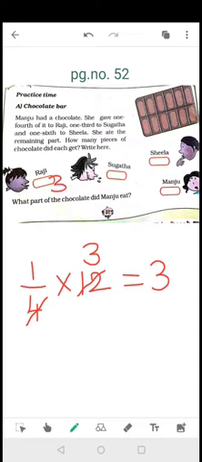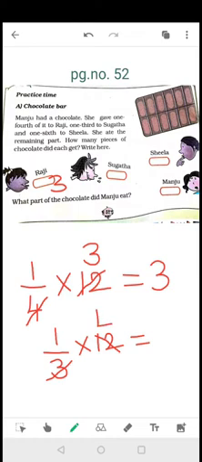The second one, 1/3 to Suhanta. 1/3. We all know how to write the fraction. 1/3. How many pieces of chocolate? 12 chocolate. Now we will see in 3 table, how many times 12 is coming? 4 times. So Suganta will get 4 pieces of chocolate.